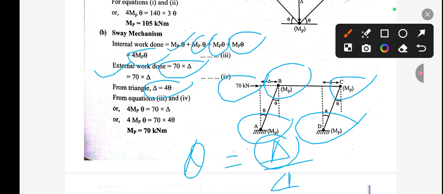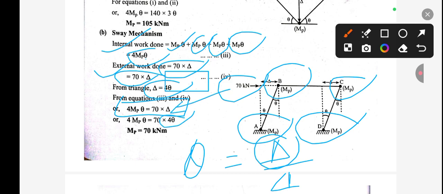You can see here this is the internal work done and this is the external work done. So we have to equate these two values, internal work done equal to external work done. So finally we get this value, and in the place of delta we have written 4 theta.